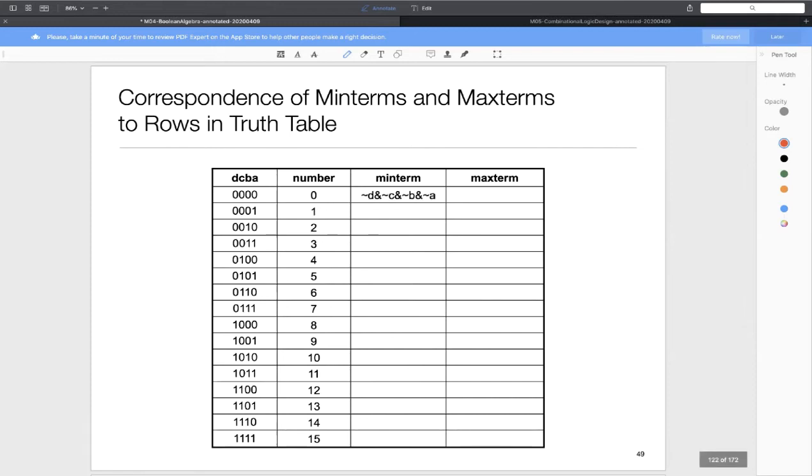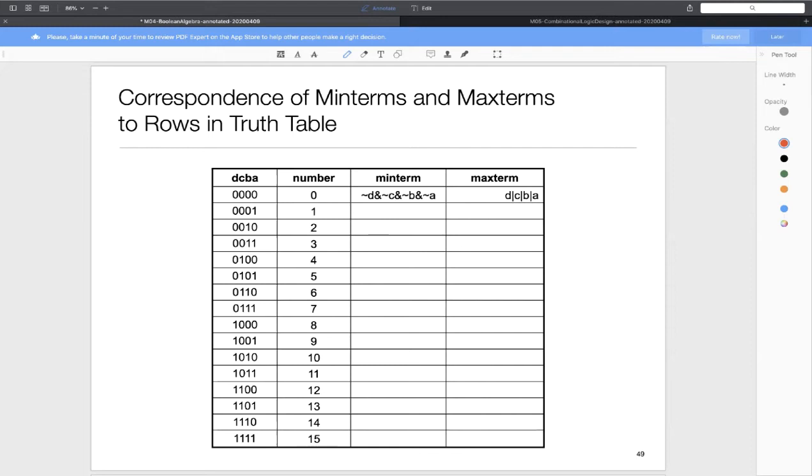I can write the corresponding minterms and maxterms like this. If you think about 0000, when does it result in a true value? When not D and not C and not B and not A. So the minterm is true when D, C, B, A are all 0.